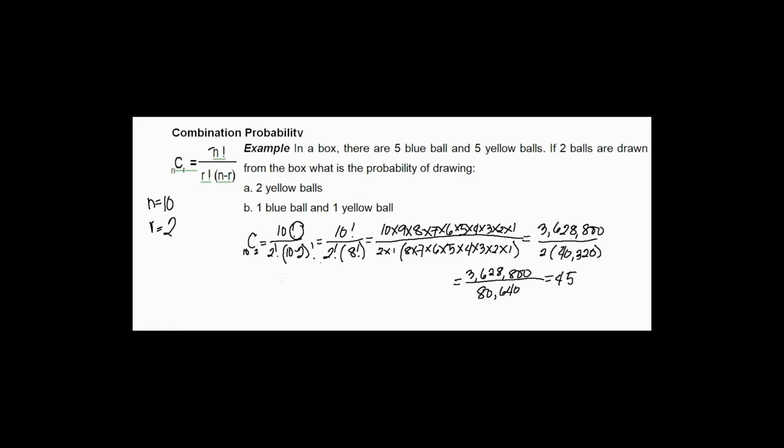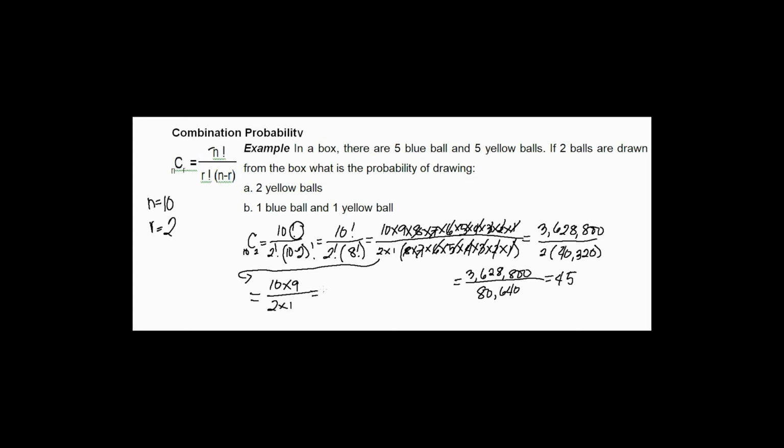Now, we will try the cancellation process. If we cancel 8, 7, 6, 5, 4, 3, 2, and 1, we have remaining numbers of 10 times 9 and 2 times 1.